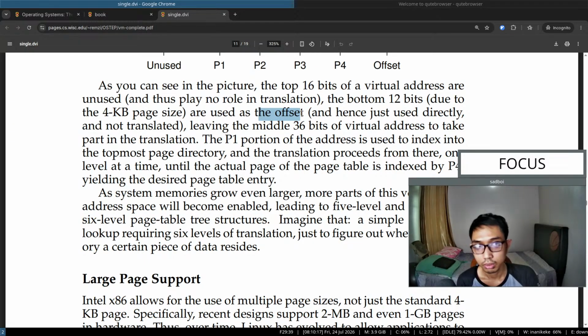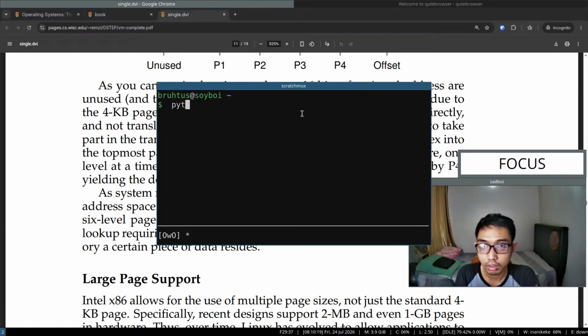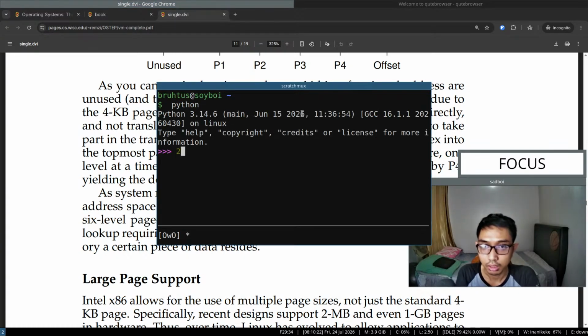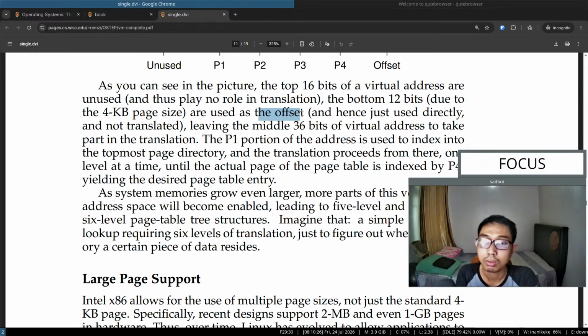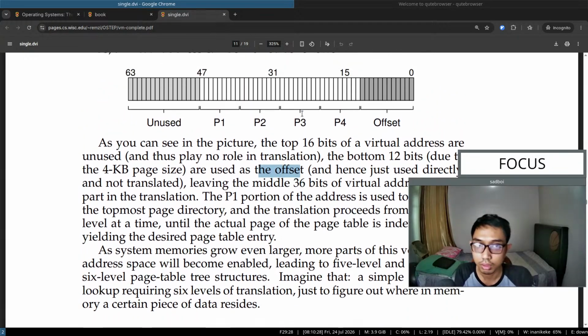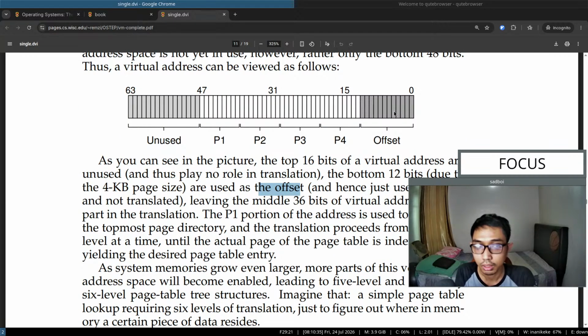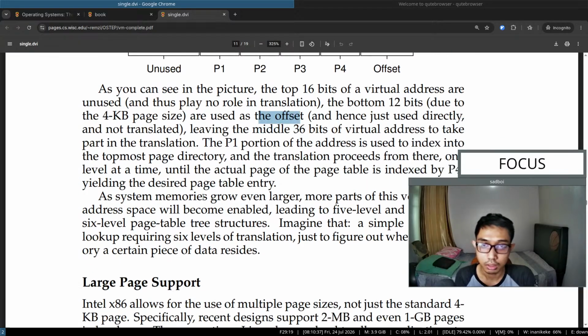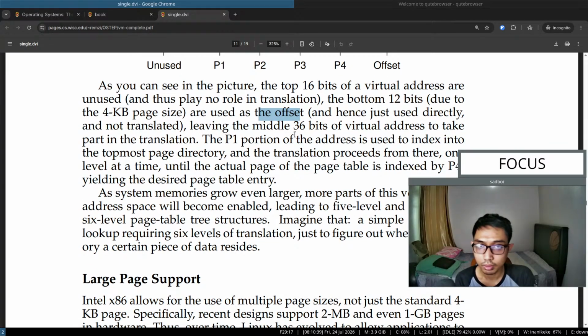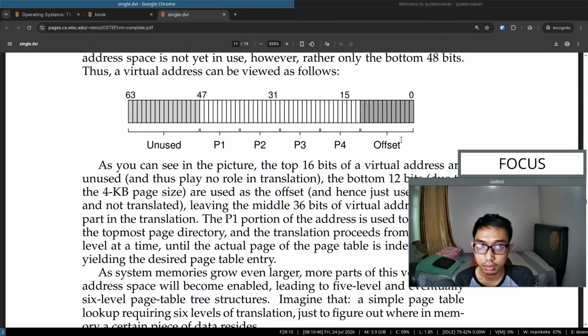I am not sure. Let me try. The 12 bits, as the offset. Oh, maybe the offset for the page directory, something like that.